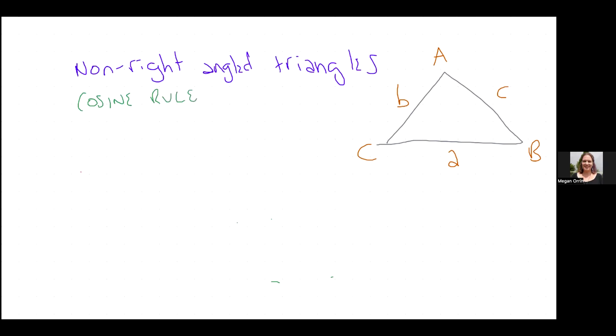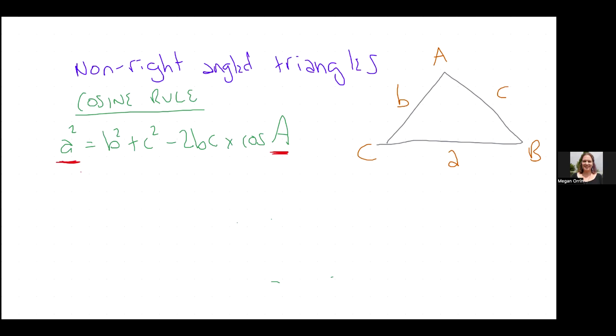So if you want to find the unknown side, a squared equals b squared plus c squared minus 2bc times cosine A. So the important part of this is that this side is opposite whatever angle you use. So that bit's really important. B and C, it doesn't matter which one is which, but A is really important.